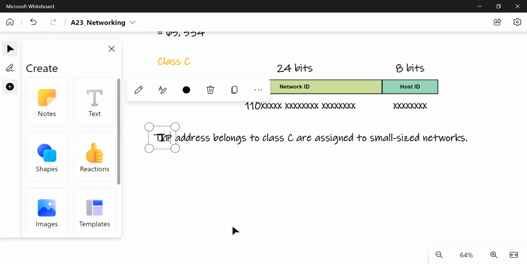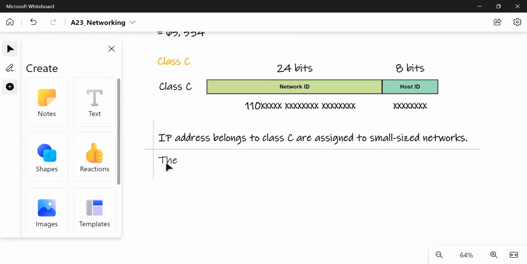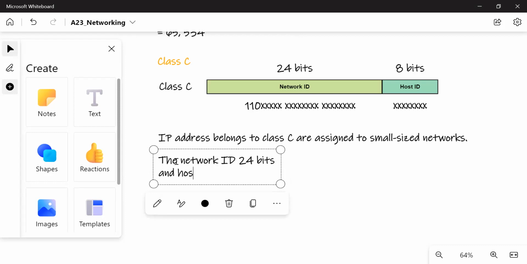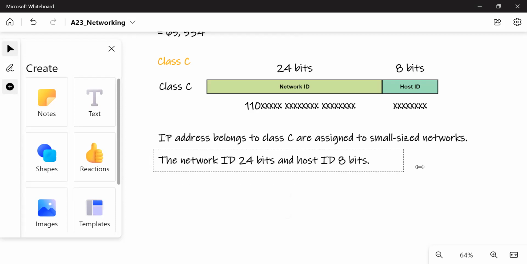For the network ID, it uses 24 bits, and the remaining, that is the host ID, uses 8 bits. So that part is also clear.